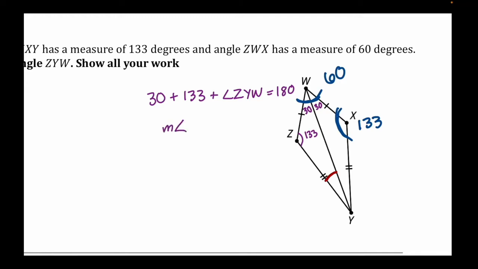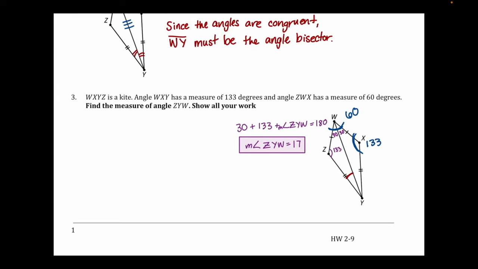Sorry, that's slightly incorrect, I didn't put the measure there. When we're referring to an angle's specific degree measurement, we're technically supposed to put an M in front of our angle symbol. So the measure of angle ZYW, if we subtract from both sides the 30 and the 133, we would have 17 degrees. There we go. And that is question 3.